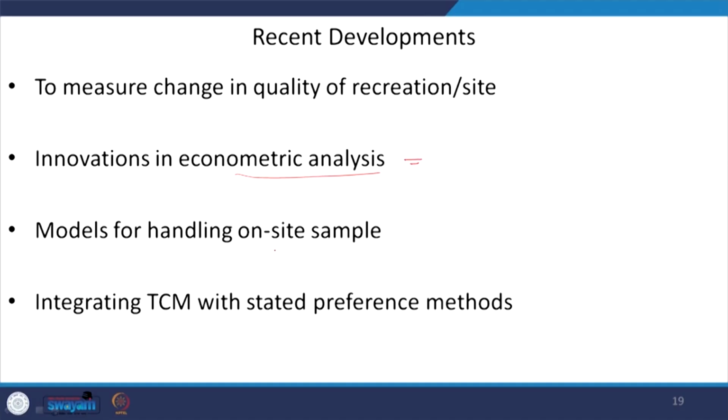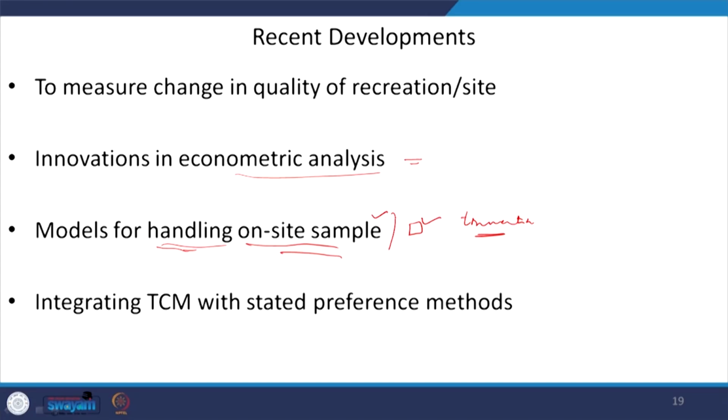For example, we have developed how to handle the on-site sample. That means, when the person is visiting that site and you are taking his or her data, sampling this particular person on site, there are certain issues like the truncation problem, and we need to deal with this truncation problem.